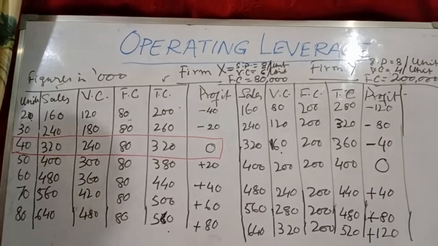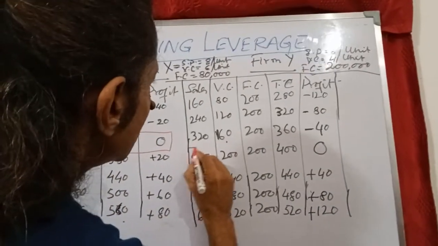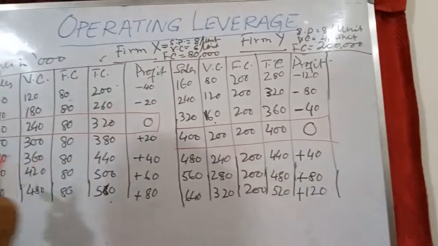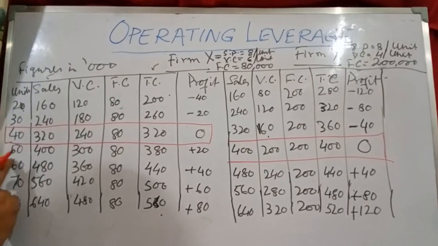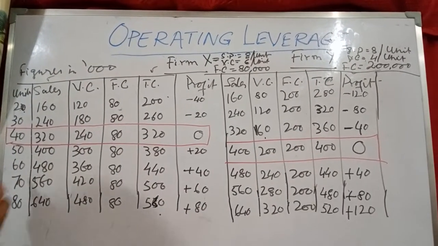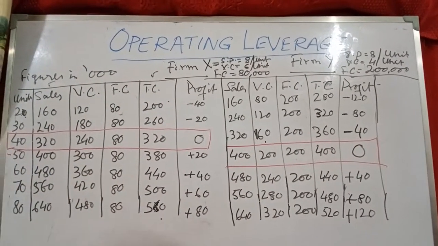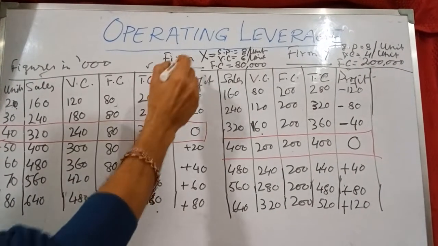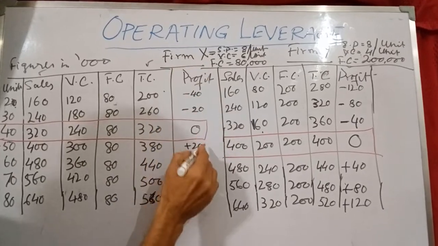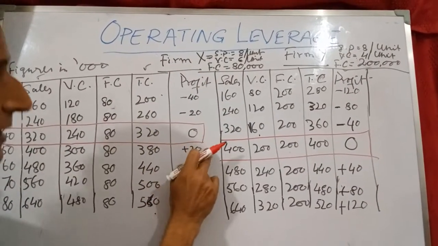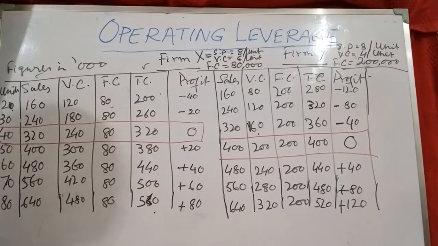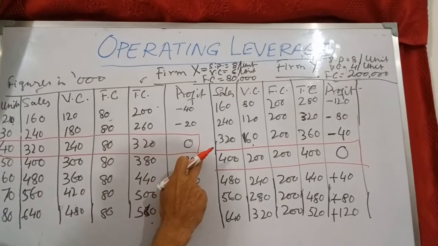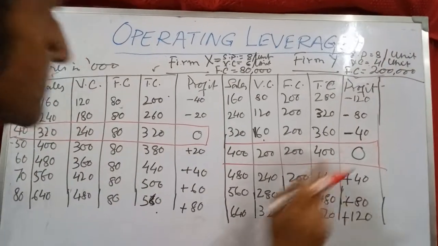And in case of firm Y, you see the firm is breaking even at 50,000 units. That means firm X is reaching break-even point earlier than firm Y.